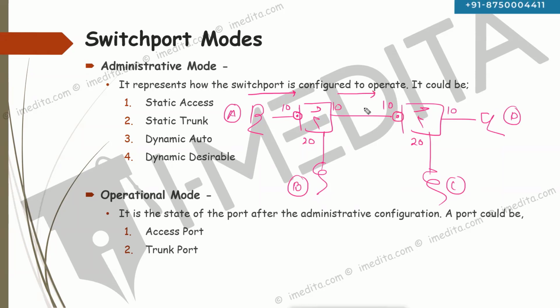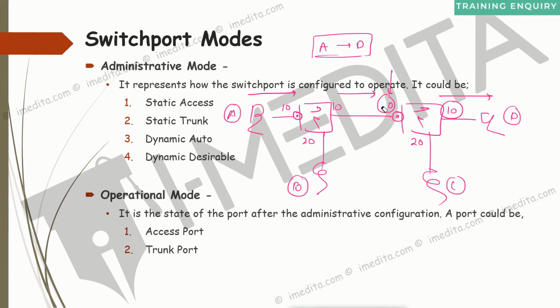There is no tag or anything. So when the traffic arrives onto this port, it will be assumed that the traffic belongs to VLAN 10. Why? Because the port on which traffic is received is in VLAN 10, and the traffic will be sent out of the ports in VLAN 10. So it's more like a VLAN 10 broadcast domain. So A and D will be able to communicate with each other.